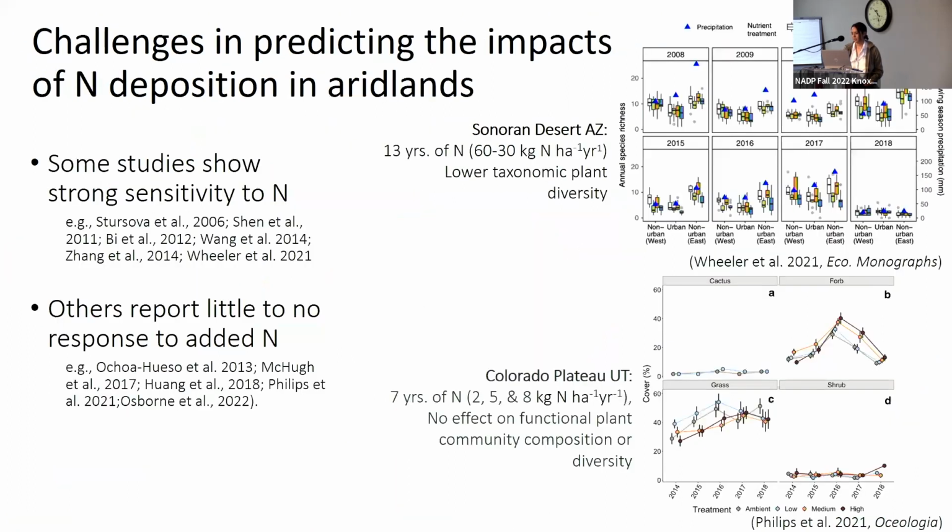And this gap is particularly important because of the challenges associated with predicting the impacts of nitrogen deposition in arid lands in general. For instance, in the literature, you'll find that some arid land nitrogen addition studies show strong responses to nitrogen additions, while others report little to no response.